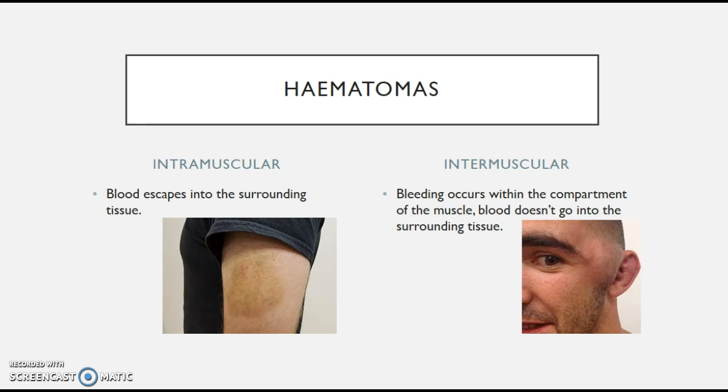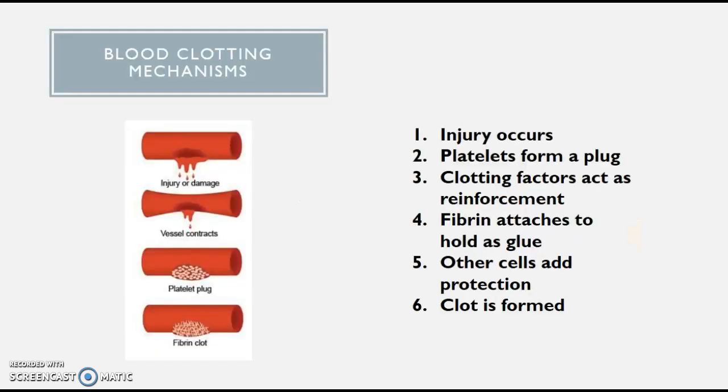The damage to this body tissue sends information to the brain, which is where you feel the pain and see that inflammation. This will inflame because of the natural response that occurs as the defense system of the body. So the blood clotting mechanism, this is where there are different stages in order for the bleeding to stop.